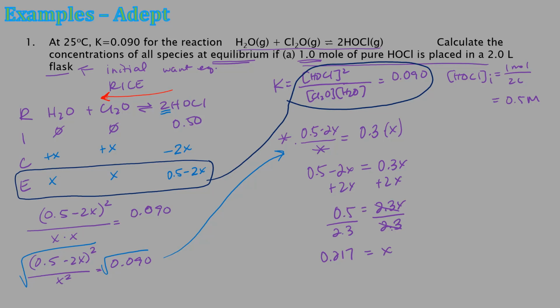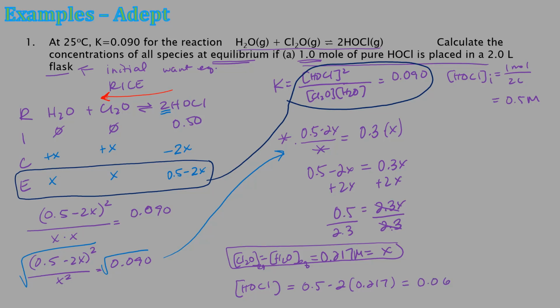And so those are going to be my water and Cl2O concentrations at equilibrium. And then for HOCl or hypochlorous acid, the concentration of that at equilibrium is going to be 0.5 minus 2 times x, which was the 0.217, and that is 0.066 molar.